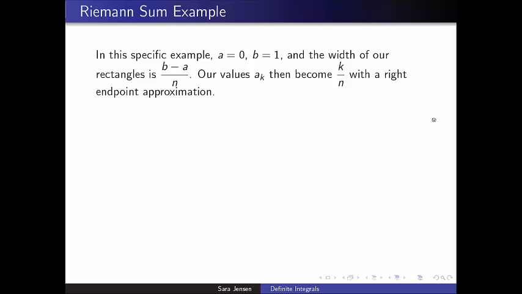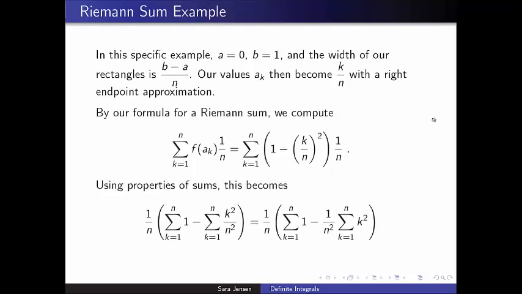We're just adding that increment of 1 over n, starting at 0 and doing that repeatedly to define the kth endpoint of the interval. And if we plug those things into the Riemann sum without the limit that we saw on our very first slide, we have f of a sub k as k goes from 1 to n, this piece defining the height of our rectangles, and 1 over n denoting the width.